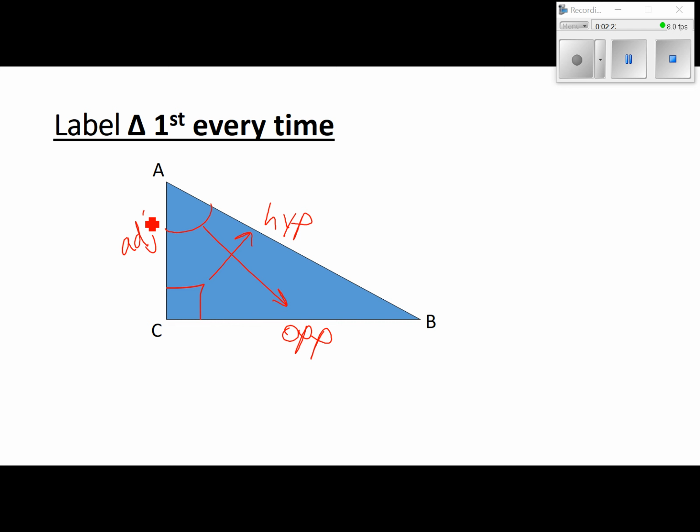The other thing I'm going to say right here, if we have a picture like this, some things that we do in geometry and in math, notice angle C I make as the right angle, because a lot of times we just want to be uniform. And remember, Pythagorean's theorem is a squared plus b squared equals c squared.